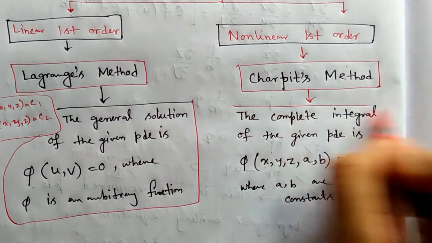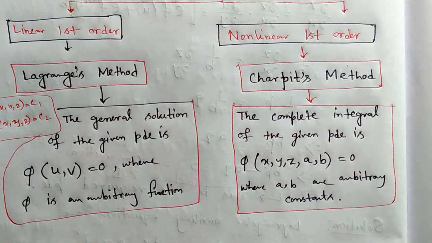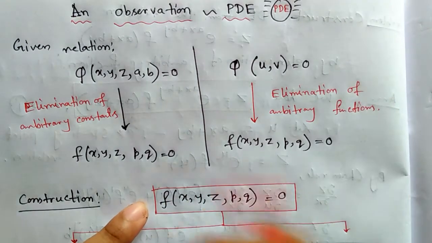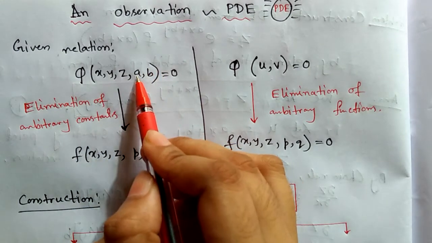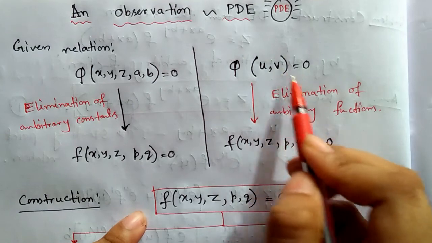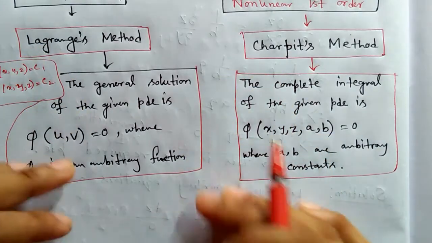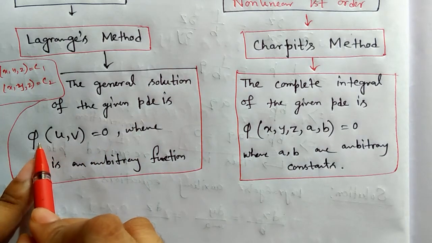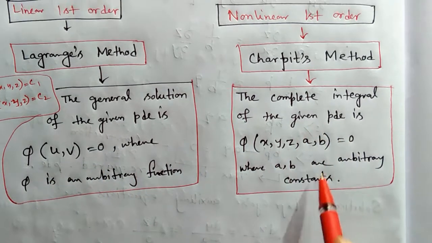Okay, so now I want to say that when we start from this relation to construct this PDE, we start from a relation which contains either arbitrary constants or arbitrary functions. And when we solve this PDE, we again reach a place which contains arbitrary functions or arbitrary constants.